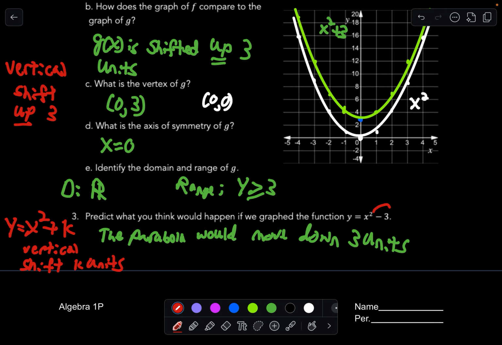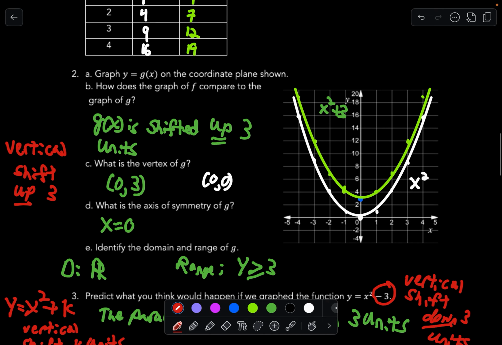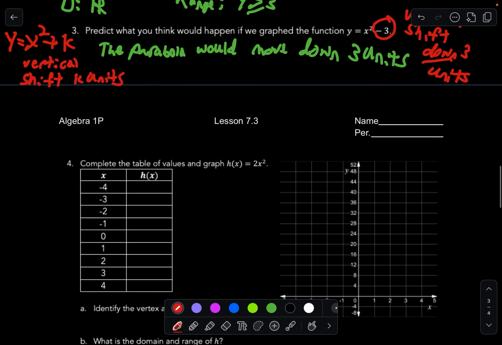And the fact that this is minus 3 is a vertical shift down 3 units. Okay, and there you go.